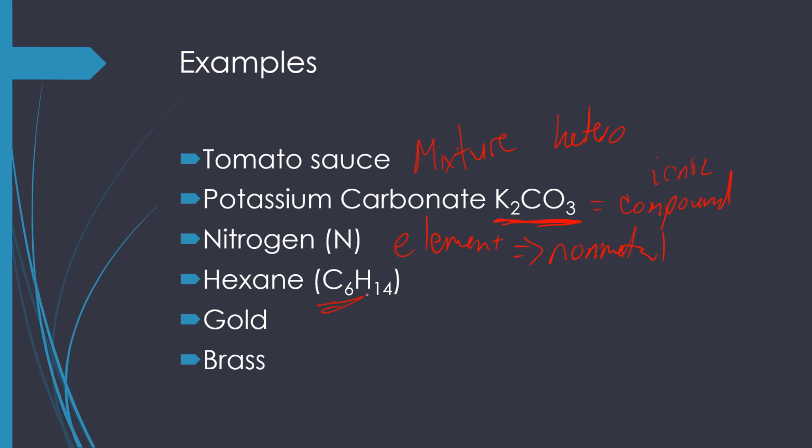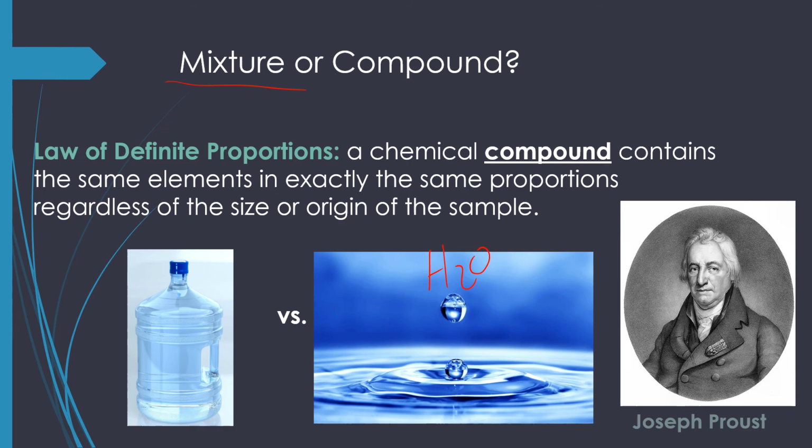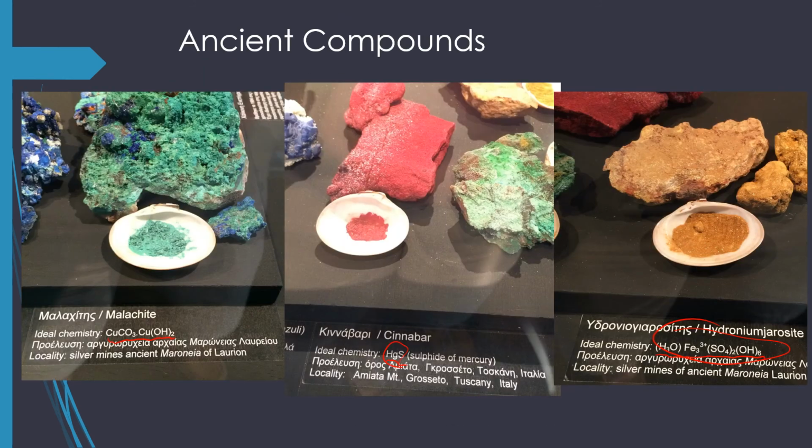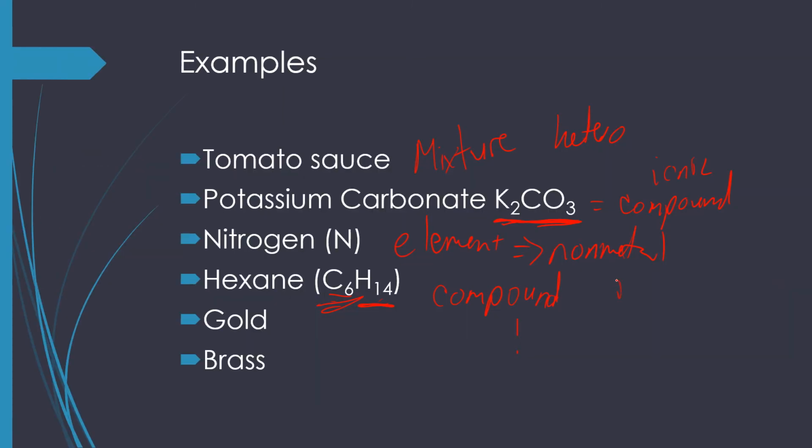Hexane, I'm giving you the formula. It's in an exact proportion, so therefore it's a compound. Carbon and hydrogen are both considered nonmetals, so that would be considered a covalent compound. That's covalent.